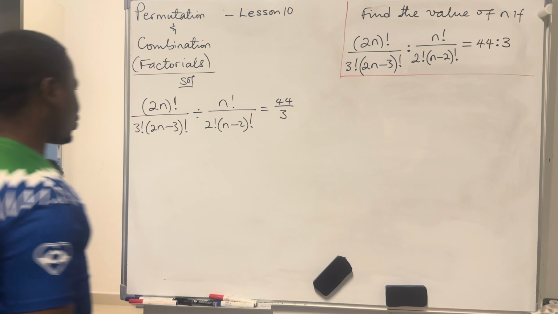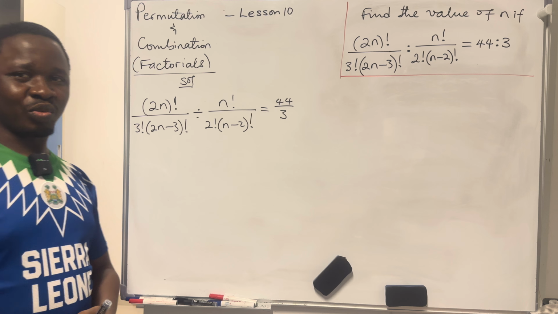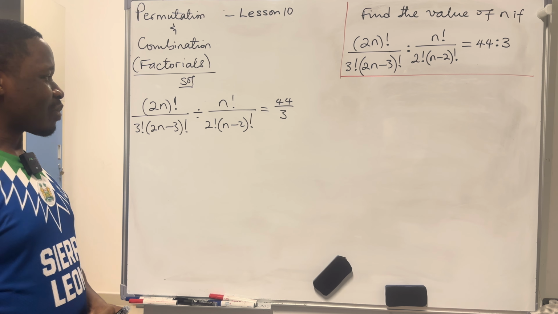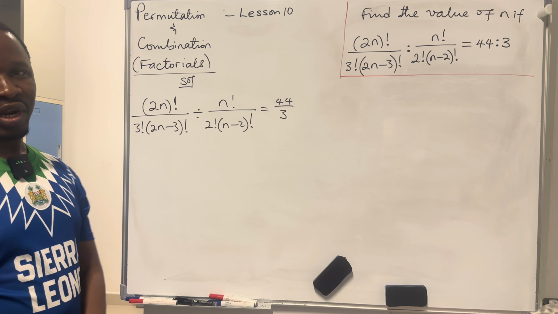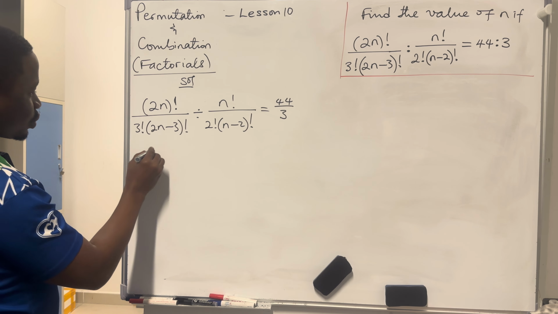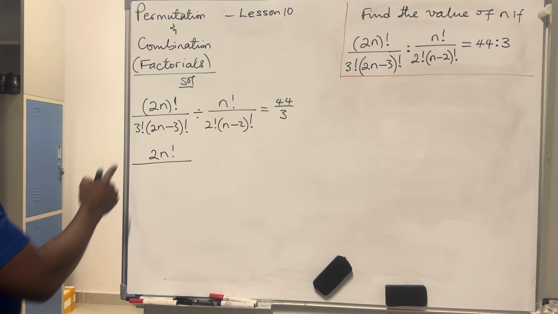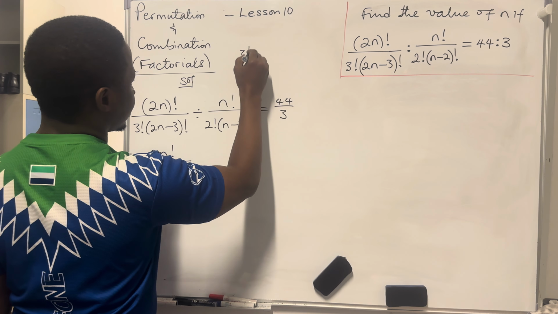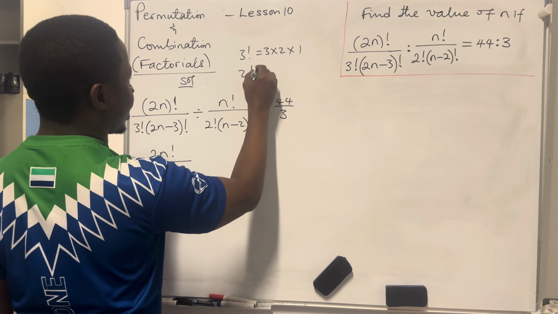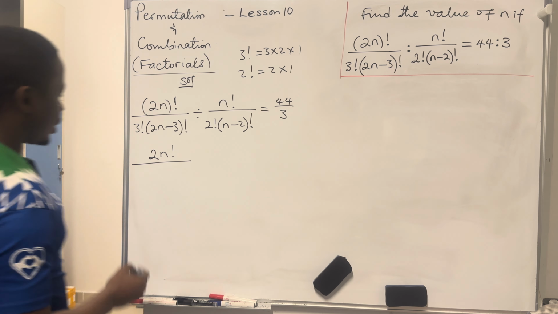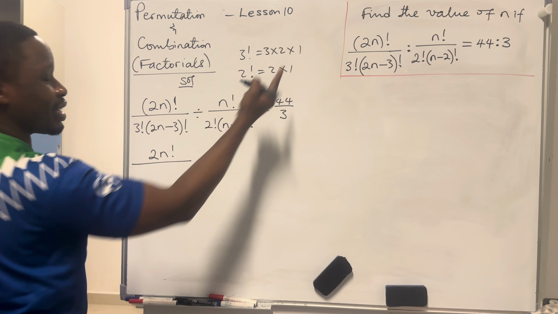So what is next? We know that division sign in fractions, we usually change it to multiplication sign. And once it is changed to multiplication sign, we consider the inverse of the next fraction. So we say 2n factorial divided by 3 factorial is the same as 3 times 2 times 1. 3 factorial is 3 times 2 times 1, which is 6.